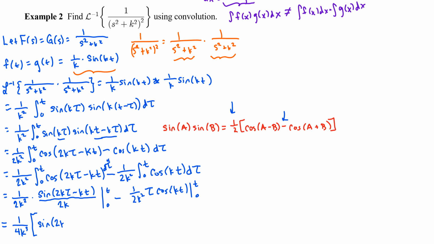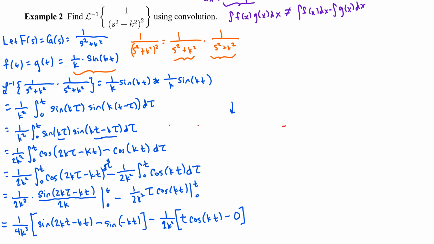So we have 2kt minus kt, there's the upper limit, minus plugging lower limit 0 in for tau, we're going to have sine of 2 times k times 0, which is 0, minus kt. So there's upper limit minus lower limit for our first term. Second, we have 1 over 2k squared times plugging upper limit t in for tau. We have t cosine of kt minus 0 times kt, which ends up being 0. Okay, now let me clear up some space here so we can work on simplifying.